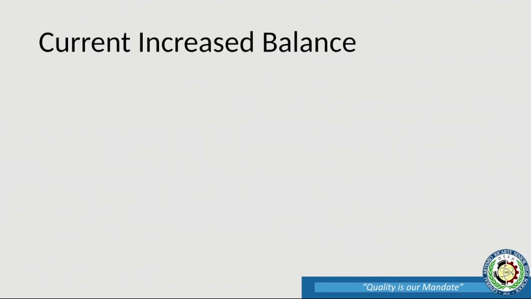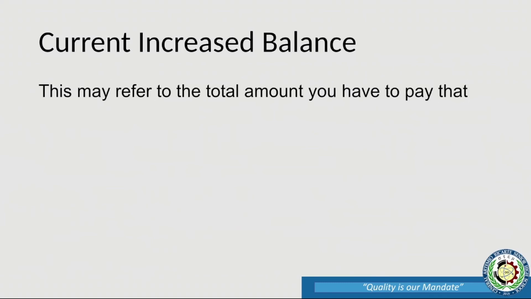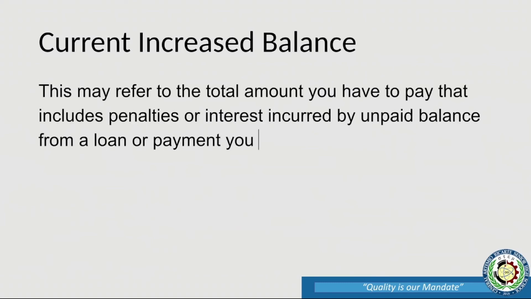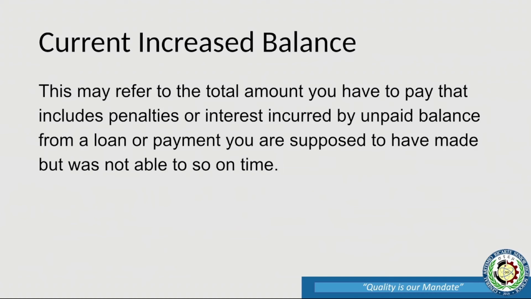And let's move on to the current increased balance. This may refer to the total amount you have to pay that includes penalties or interest incurred by an unpaid balance from a loan or a payment you were supposed to have made but were not able to make on time. Current increased balance is usually applied by the creditor or the bank loaner.